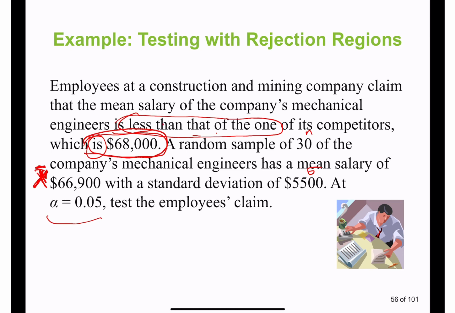So it's less than 68,000. It's interesting the way they put it. They could say the competitors get 68,000 and they claim that their money is less than the competitors', and it would be clear, so it's less than 68. Moving on.